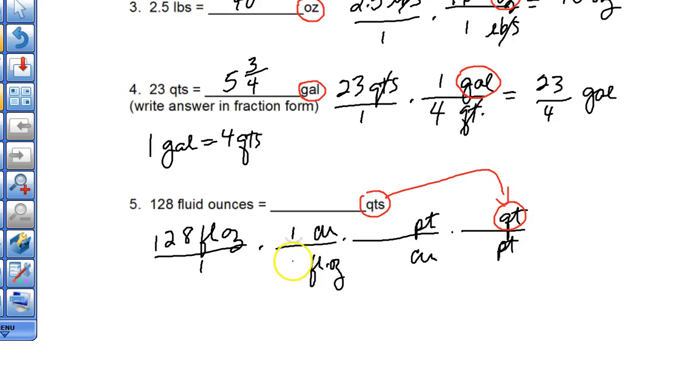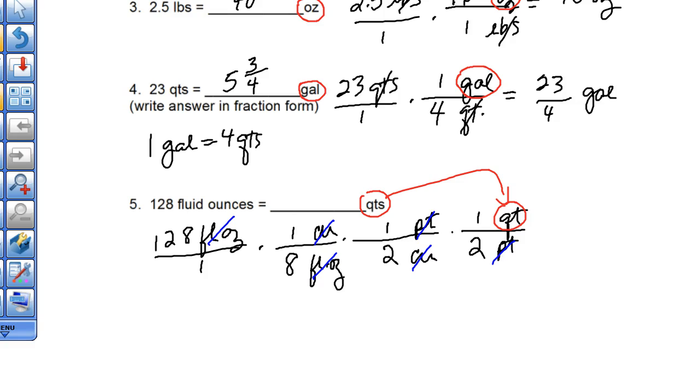1 cup is 8 fluid ounces. 1 pint is 2 cups. 1 quart is 2 pints. Now I can go ahead and cross-cancel all the labels that will cancel. Notice the quarts doesn't cancel. It's the last one.